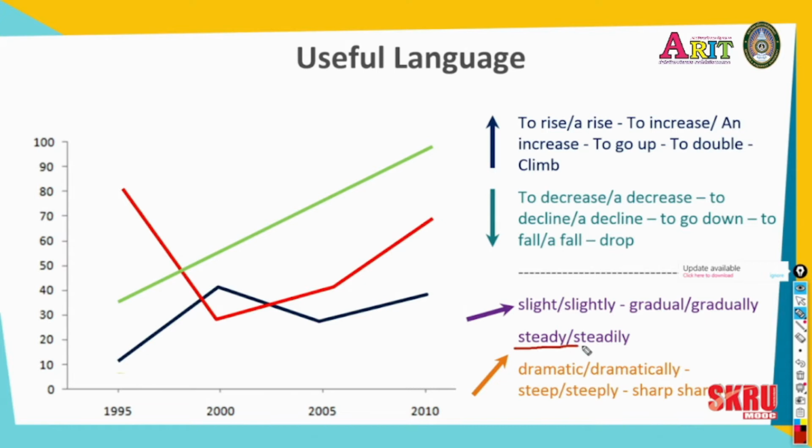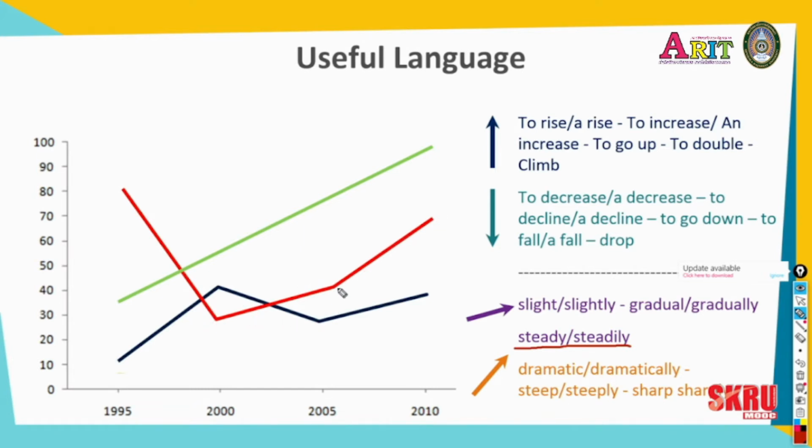These terms, steady. This could be slight or dramatic. Steady really means the same all the time. So here the green line is rising steadily. It's quite steep, but it's always the same. Here the red line is going up, but it's not steady.